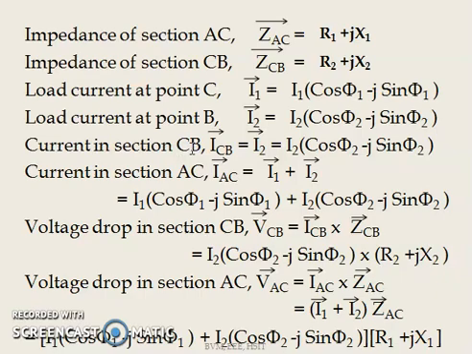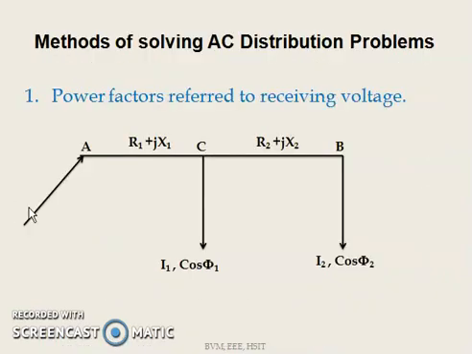Current in section CB is nothing but I2. But what about the current in section AC? Current in section AC is I1 plus I2.